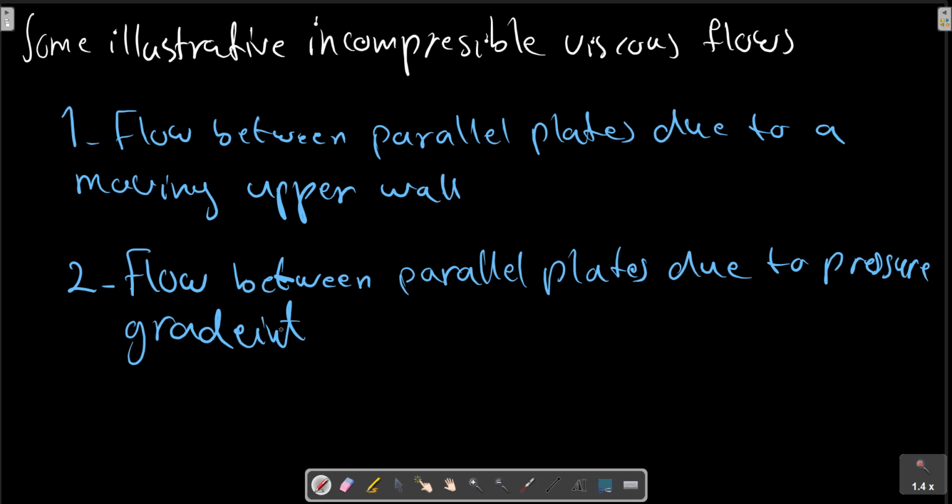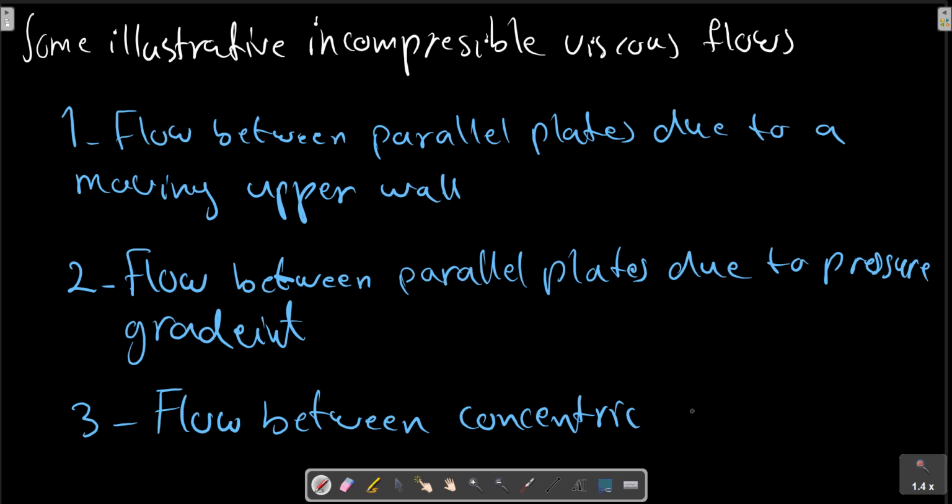Three, flow between concentric cylinders when the inner one rotates.